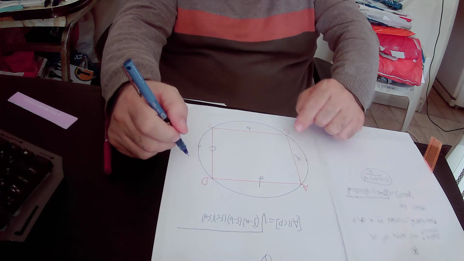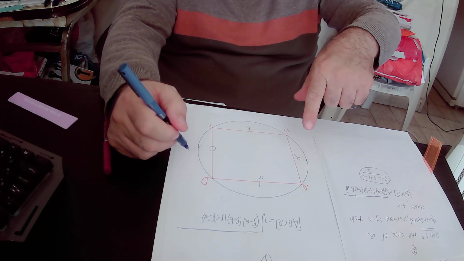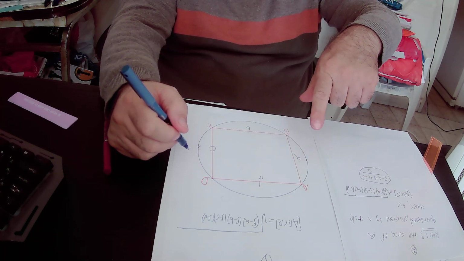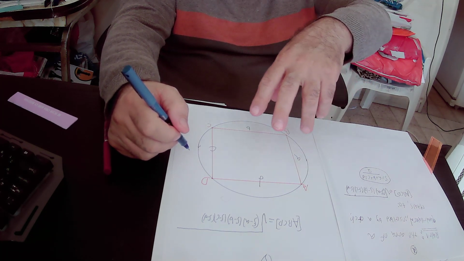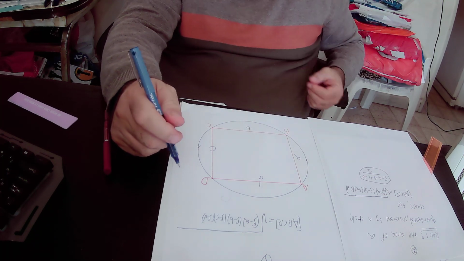where A, B, C, and D are the lengths of quadrilateral ABCD sides.